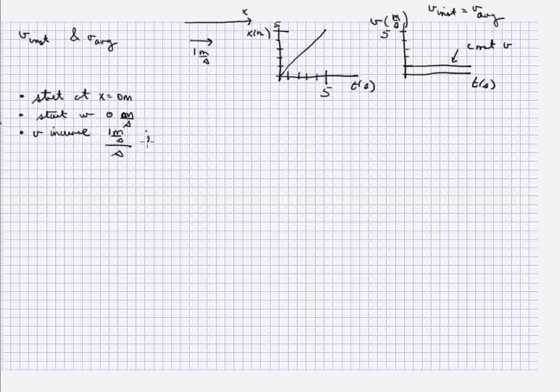In other words, you'll have a constant acceleration of 1 meter per second squared. And that being the case, then the v versus t plot would look like this.